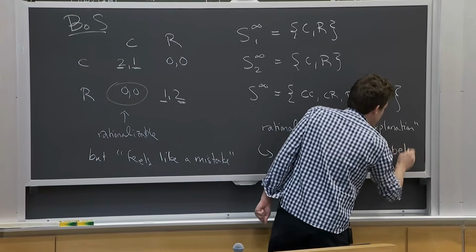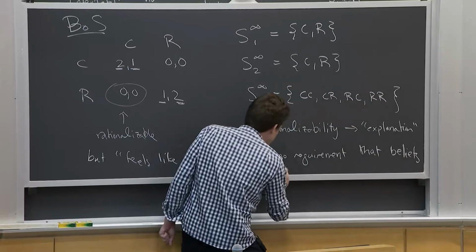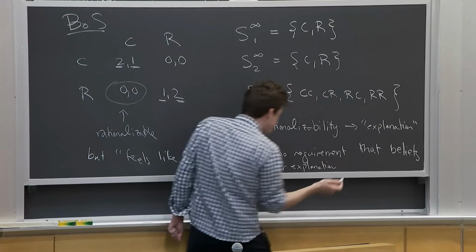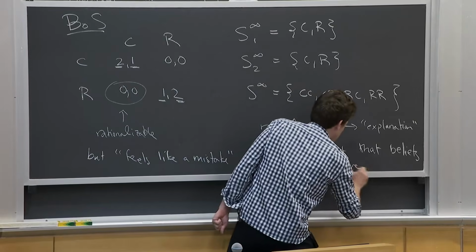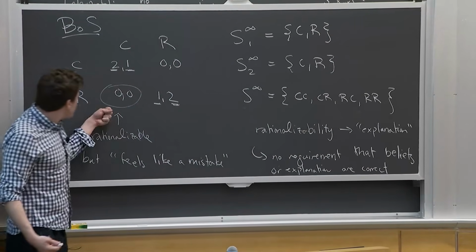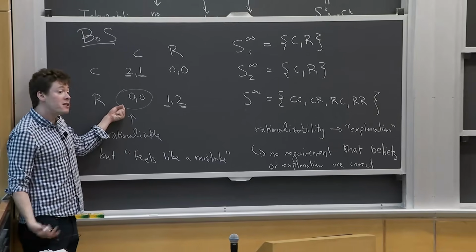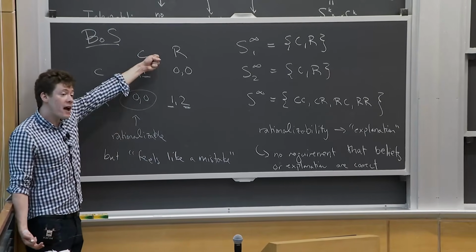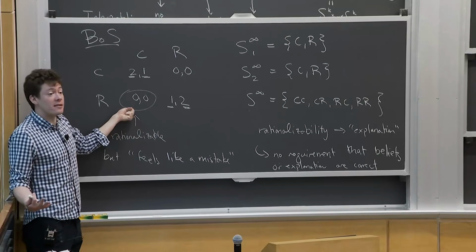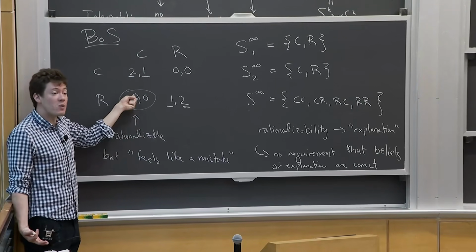Because if we're down here, my explanation involved my belief that my friend was also going to the Red Sox game. But in fact, my friend is not doing that. My friend is going to the Celtics game, and that's why I'm doing badly.